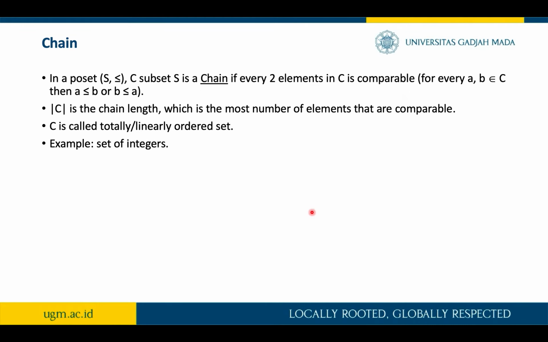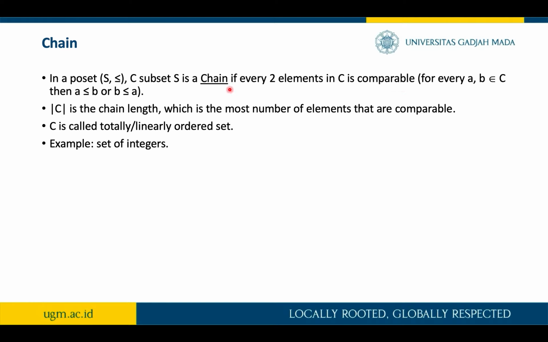Related to partial ordering, or poset, here we also have a chain.